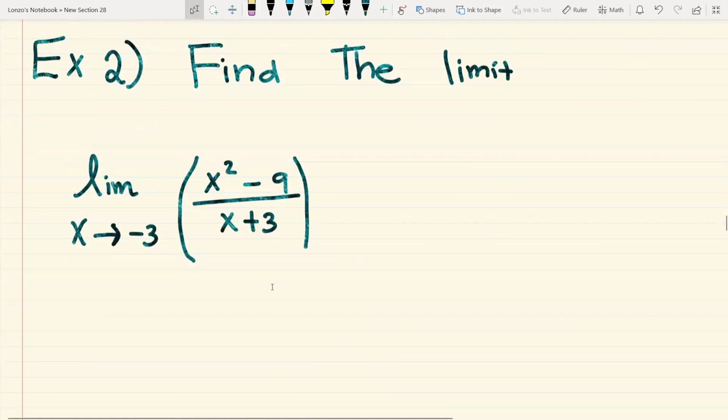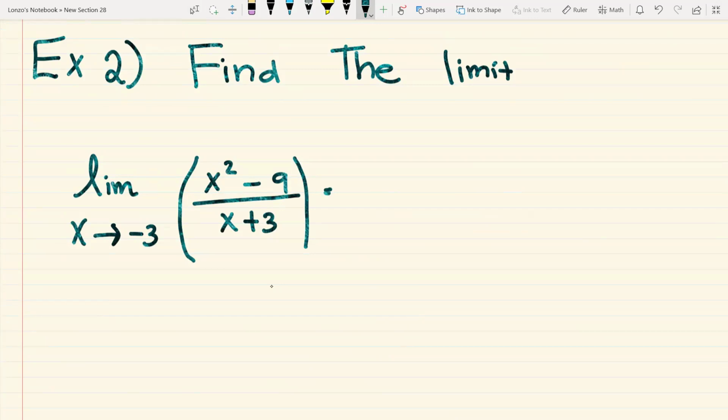So find the limit as x approaches negative 3 of this rational function, x squared minus 9 over x plus 3. You should always see if you could just get away with it by plugging your x value in.